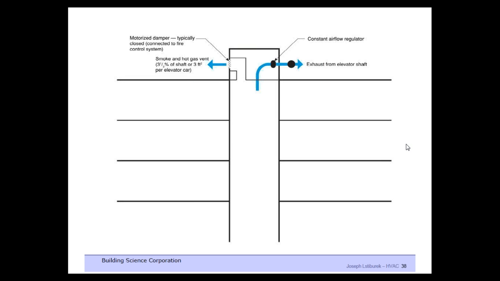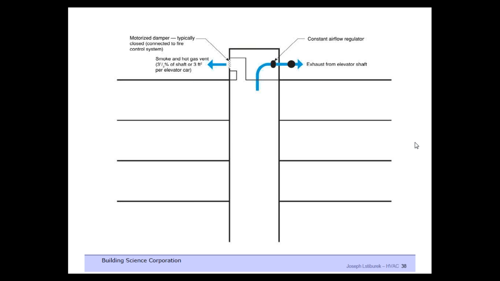There's a 3% leakage requirement at the top of a shaft per elevator car. This goes back a century with respect to smoke and fire control. That hole defeats the entire purpose of control, and the only solution is to have an interlocked motorized damper that's connected to the fire control system.